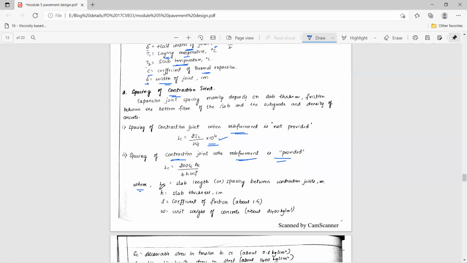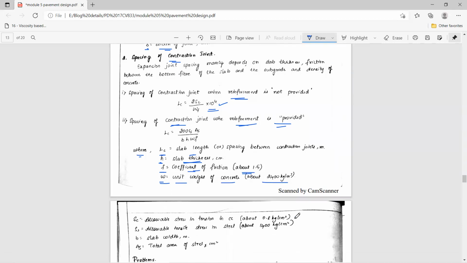Here, L_c is slab length or spacing between the contraction joints, H is slab thickness, F is coefficient of friction, its value is about 1.5, W is unit weight of concrete, about 2400 kg per meter cube.